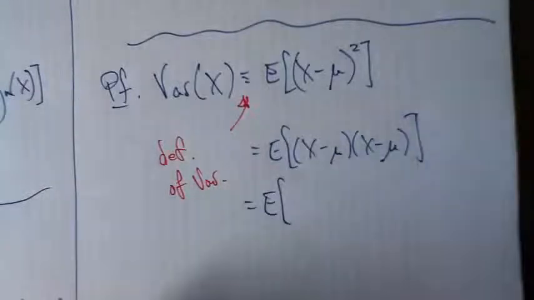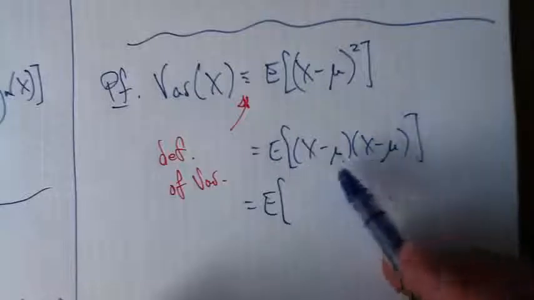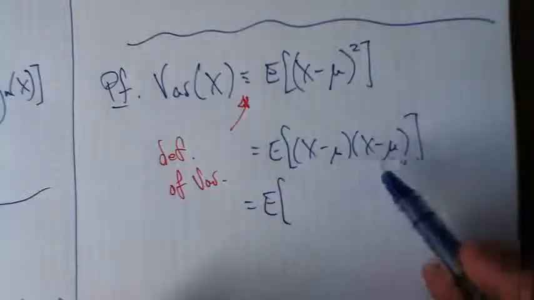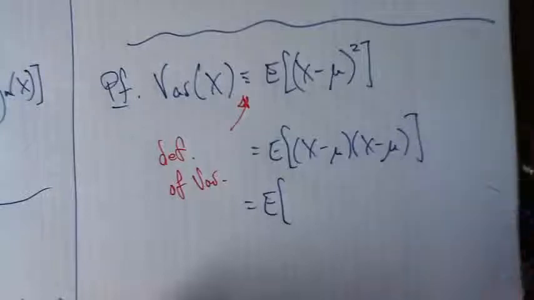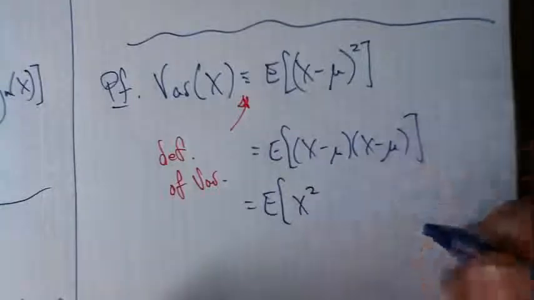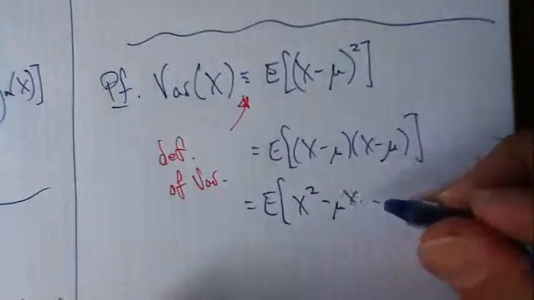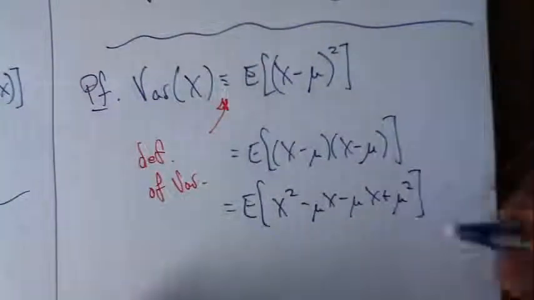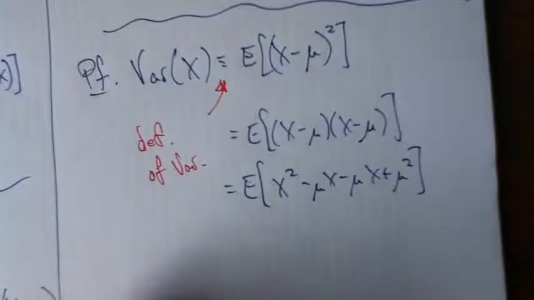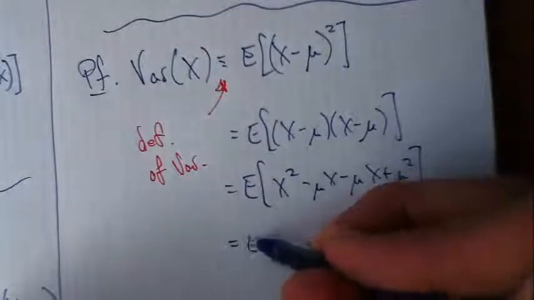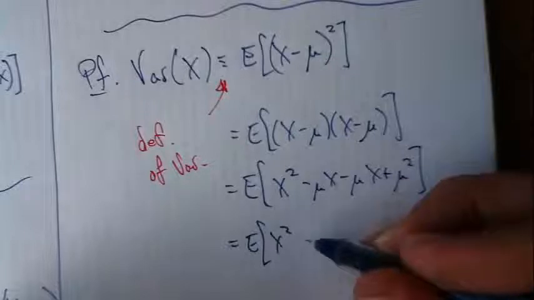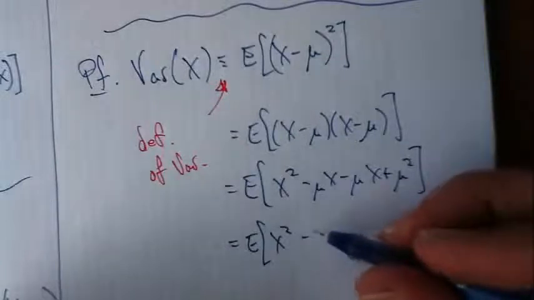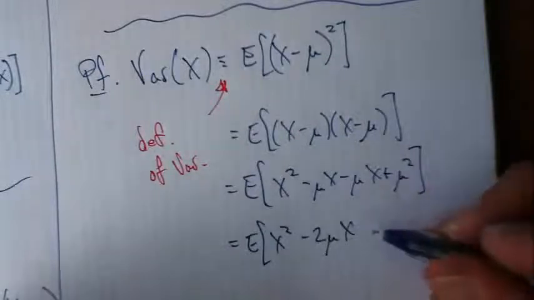It's perfectly okay to multiply this stuff like they were just numbers, sort of. And it's just x squared minus 2 mu x plus mu squared. So this is the expected value of x squared minus 2 mu x plus mu squared, isn't it?